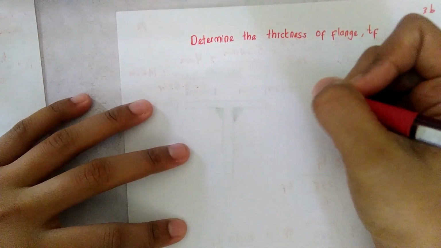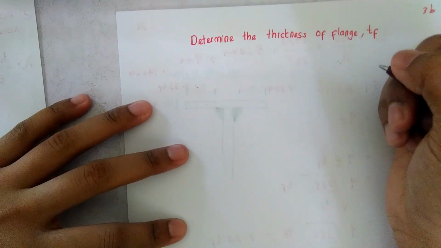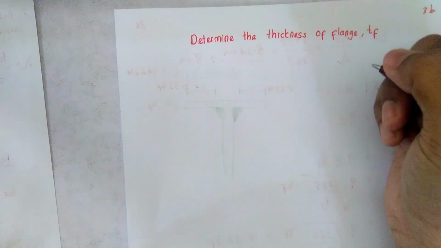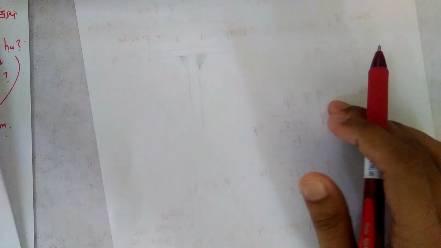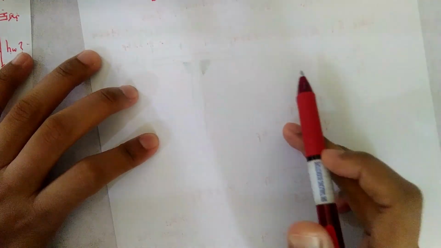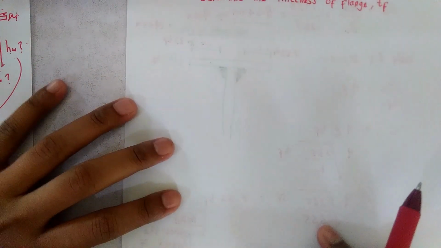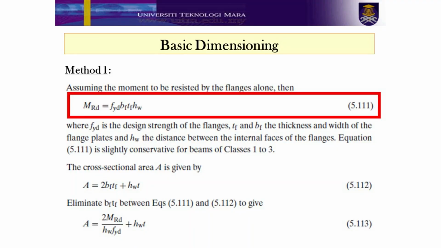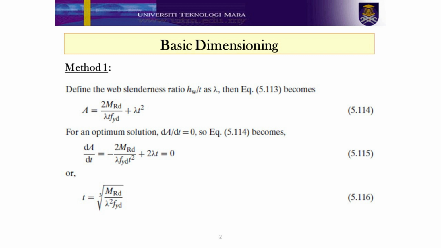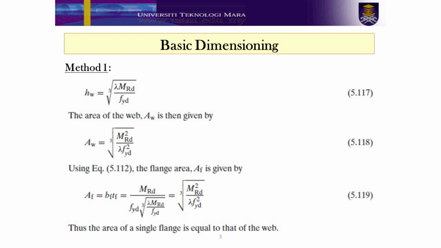Okay, class. Now, once we have determined the width of the flange, let's calculate the thickness of the flange. For that you have to refer to our notes, whereby there are several ways of designing the plate girder. At the moment we are using method 1.